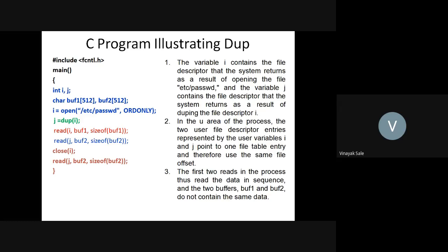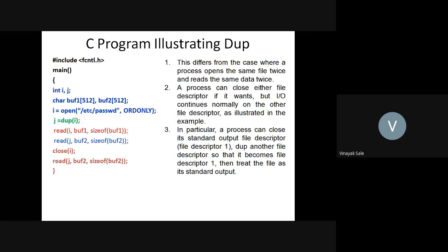The first two reads in the process, this is a red color line and a blue color line, these two entries read data in sequence, and the two buffers, buffer1 and buffer2, do not contain the same data. This differs from the case where the process opens the same file twice and reads the same data twice.